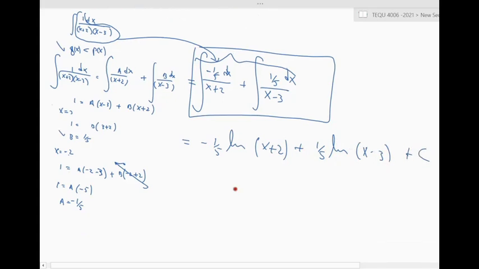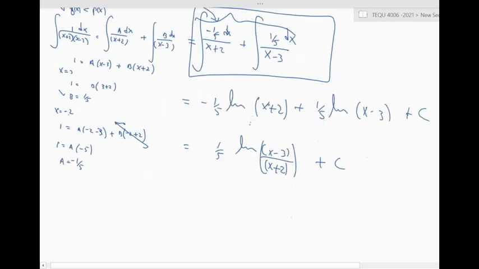You can simplify this a little bit more, and say that this is equal to 1/5 log of (x minus 3) over (x plus 2), plus C.